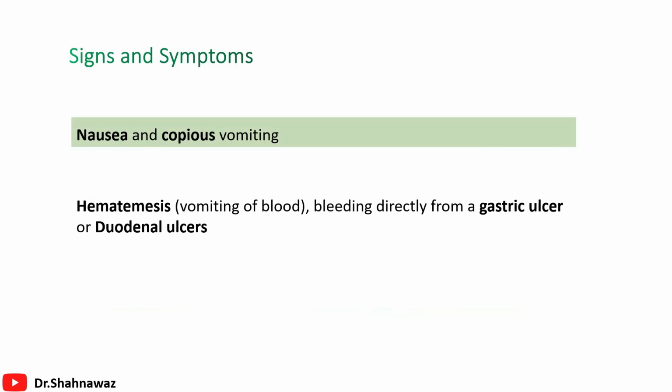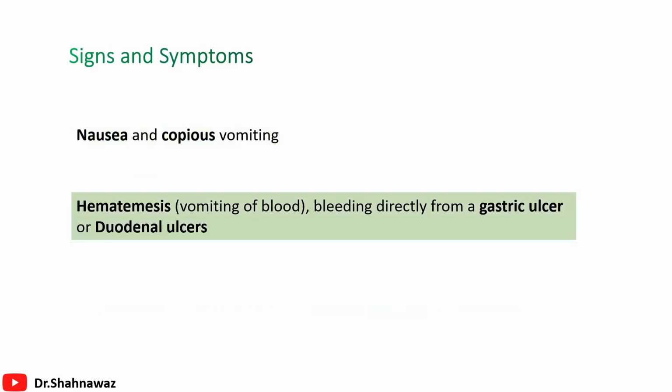The patient will be vomiting a lot. In PUD, there could be upper GI bleeding, which is the most important complication. The patient could vomit blood, hematemesis, directly from gastric ulcers or duodenal ulcers.